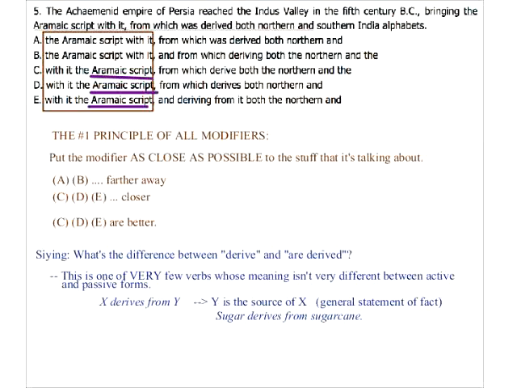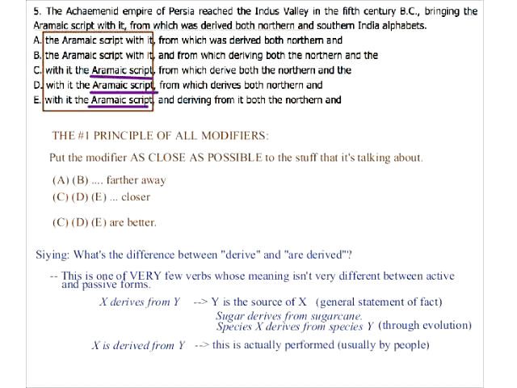On the other hand, if X is derived from Y, like other passive voices, but you can also say something like the species X derives from species Y, through evolution or something like that. The difference with the passive voice is, like other passive voices, it's restricted to cases where it's literally done by someone or something else. So Y is actually performed usually by people.